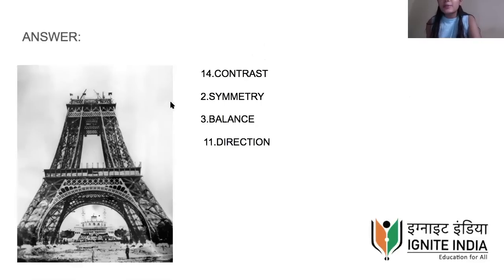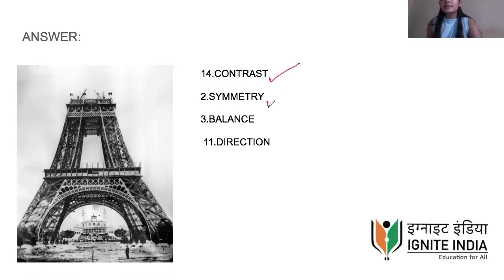If you look at the image, there's a black and white contrast where the background is completely white and the foreground, which has this Eiffel Tower which is half constructed, is on black, and you can see that there's a complete foreground which is coming out of this image. So first, contrast, because contrast is opposite of things in its nature. It can be anything in texture, in color, in any kind of element of design. So that's the first one.